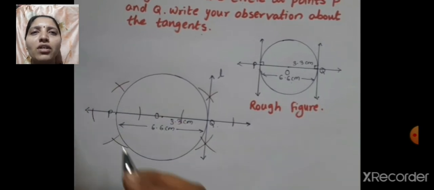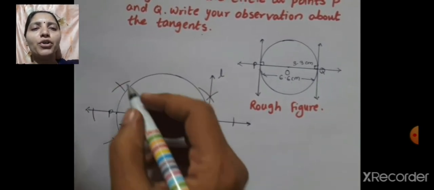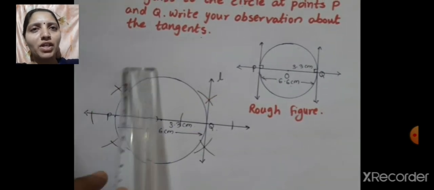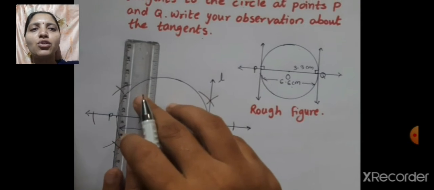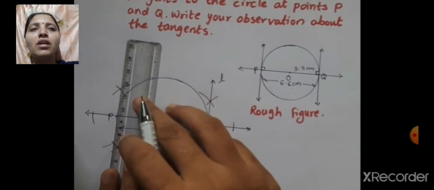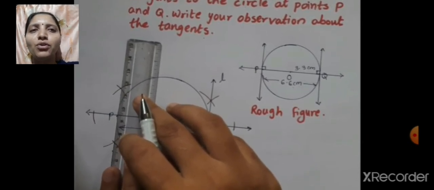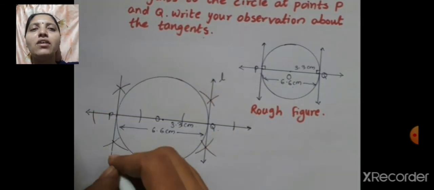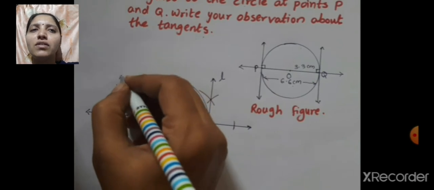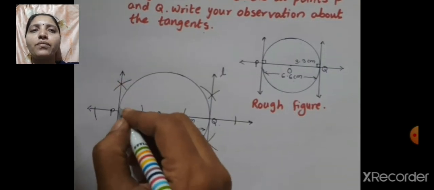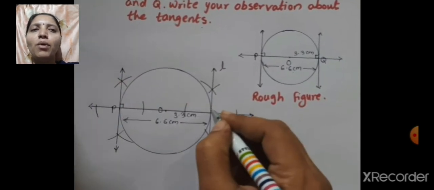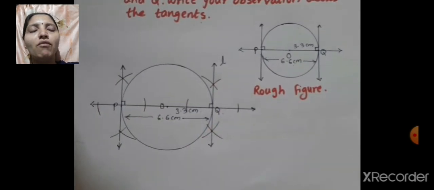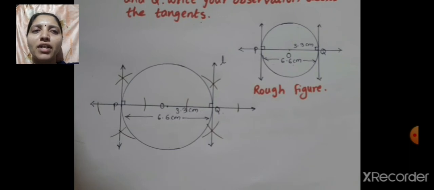So two arcs you are getting here. Highlight the points of intersection, and then with the help of a scale join these two points. Passing through point P you draw one line, and this line is the tangent to the circle, and it is a perpendicular line. So show the perpendicular sign. Don't forget to show the perpendicular sign.